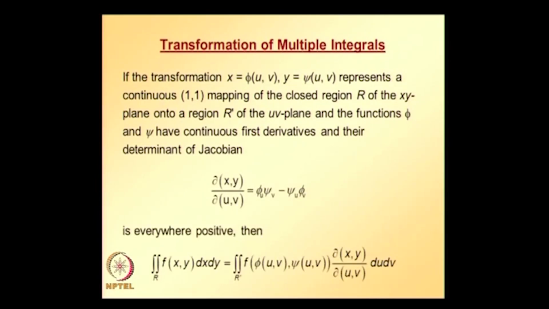Then, if the determinant is positive everywhere, the integral of f x y dx dy evaluated over region R can be transformed into the way that is shown on the right hand side of the equation, that is, the double integral over R prime of f as a function of phi and psi, which in turn are functions of u and v, multiplied by the determinant of the Jacobian, du dv.